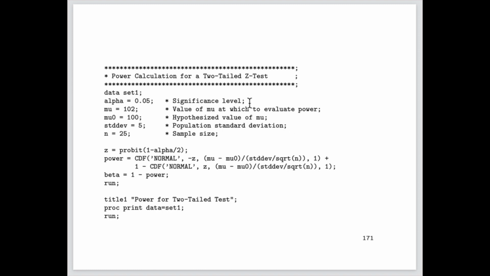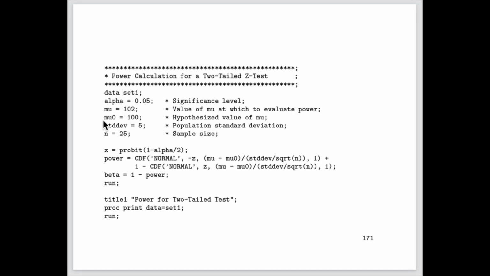So you can see my comments out here. I'm letting alpha be my significance level. I'm setting that to 0.05. I'm using the variable name mu to represent the value at which I want to evaluate power, and I'm setting that to 102.